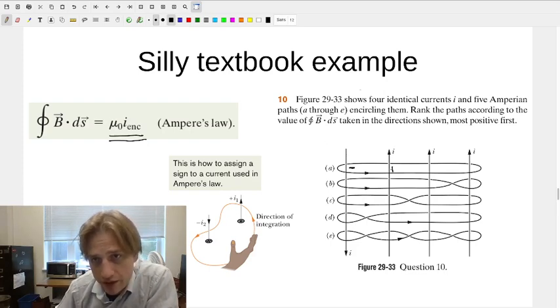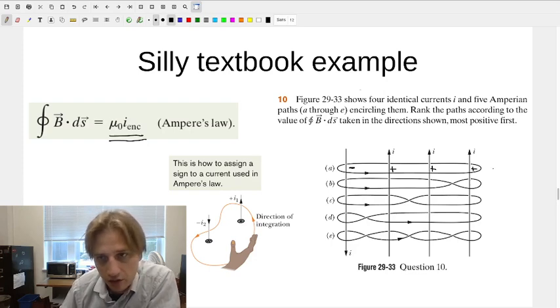This one would count as a positive current, this one positive, this one positive. So the I enclosed in this case would be -1, +1, +1, +1. So you get overall +2I, and that line integral would give you mu naught times 2I.